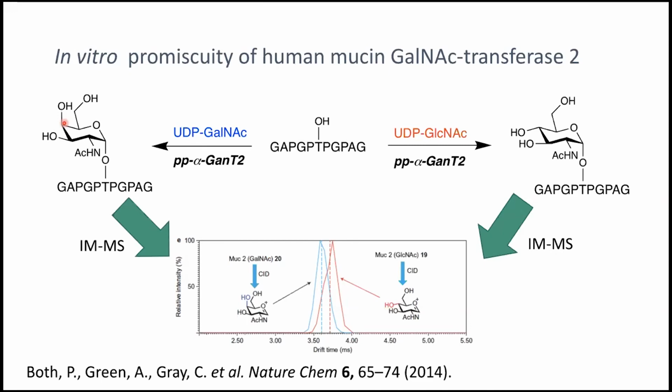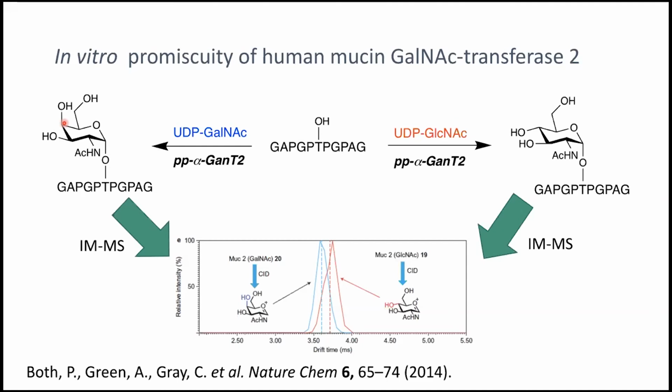And this T2 variant in particular, we could also, and again, the kinetics are orders of magnitude less than that for UDP galactose. But nevertheless, by adding a good amount of enzyme, we could preparatively produce the GlcNAc derivative rather than the GalNAc derivative. So in vitro, you could really push this enzyme to accept UDP GlcNAc.